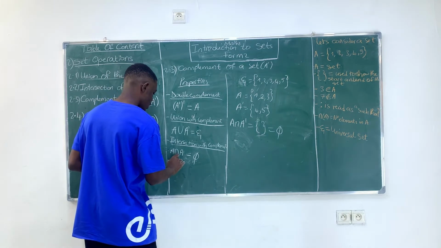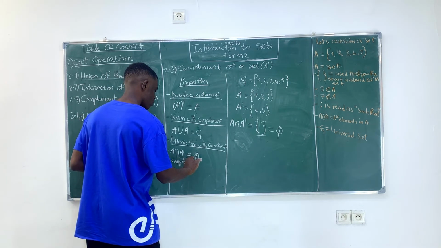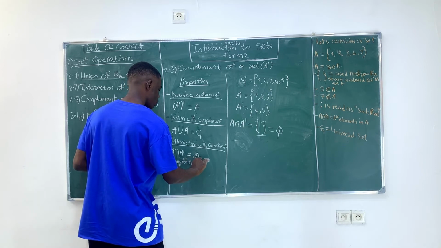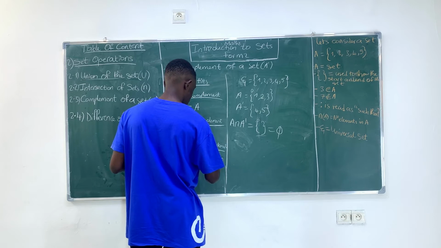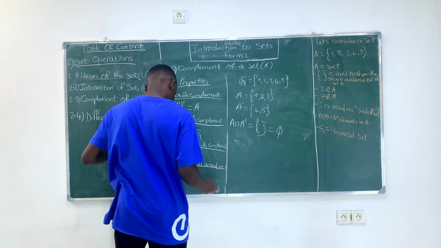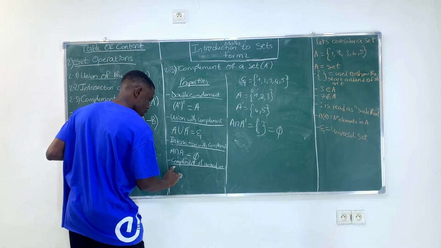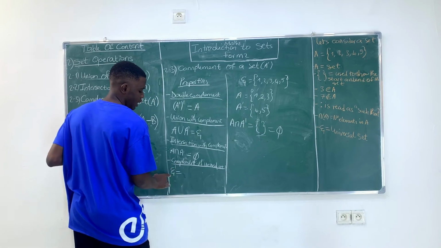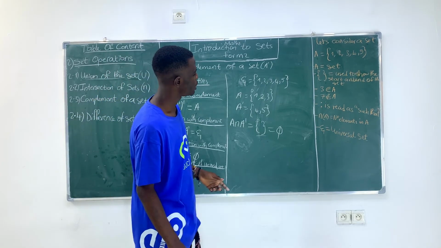It states that the complement of the universal set is a null set.